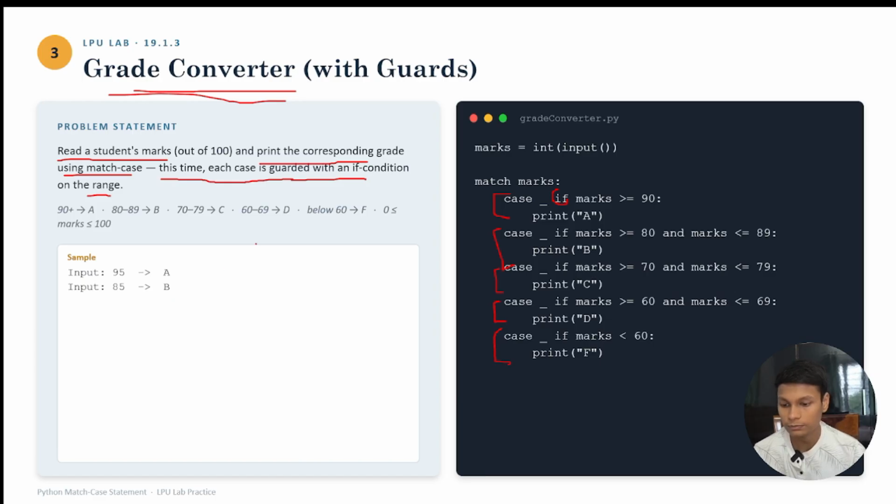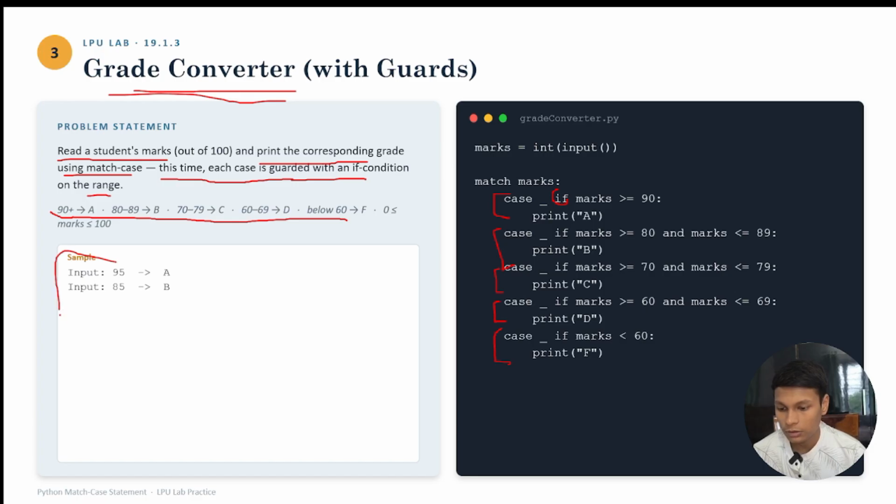Okay, so let's see how we can write the code. Here the sample is given and also the condition. If marks is greater than 90, A will be printed; if it's between 80 and 89, B; 70 to 79, C; 60 to 69, D; and below 60, F, meaning the student failed.